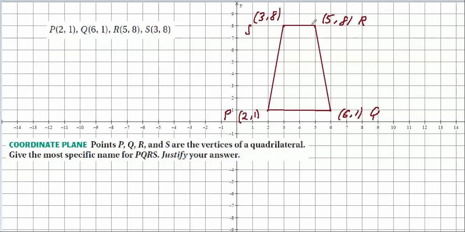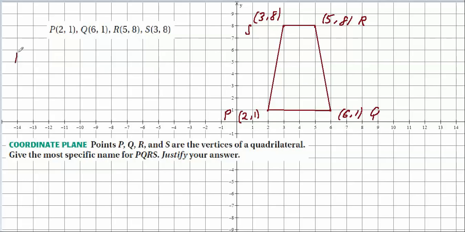What's the length of this? And this time we're going to do it the easy way, because we don't need an actual answer for the length. We just have to know if they're the same. So what's delta y here? It goes from 1 to 8. That's 7 squared. That's 49. And that's true for both. But let's go from R to P first, okay?